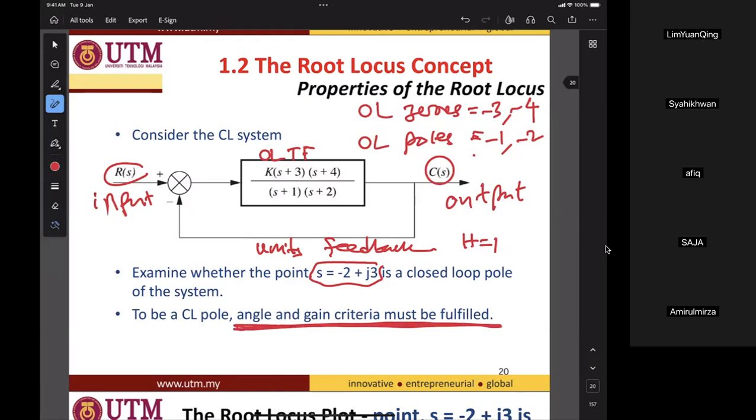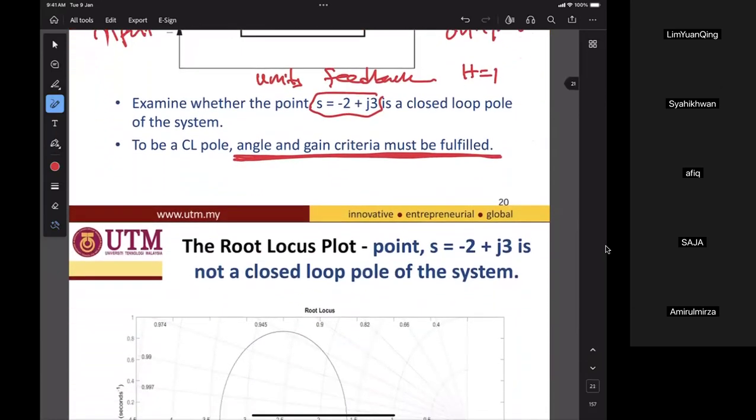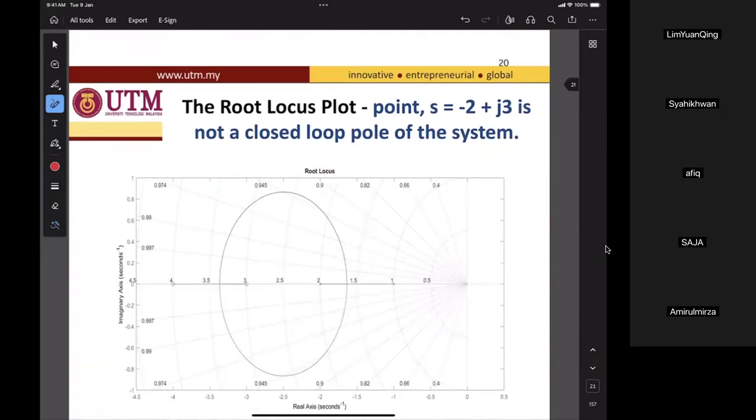So we check. First, we draw the locus. So this is -4, this is -3. Guys, can you follow me? This is -1, and this is -2.